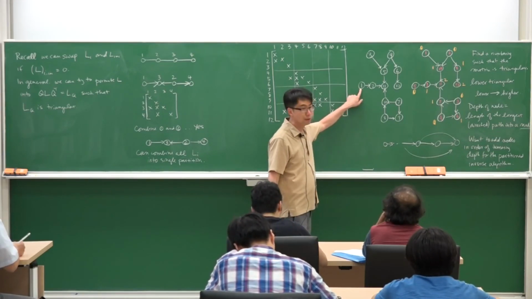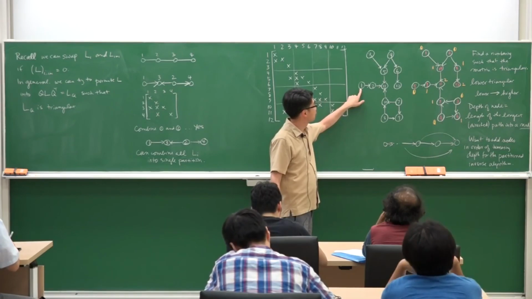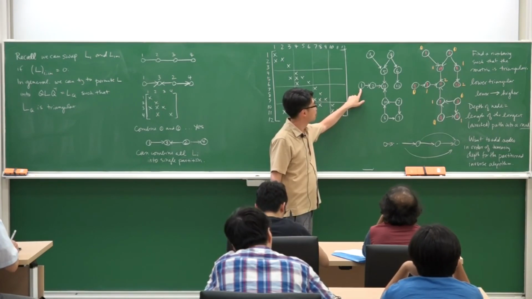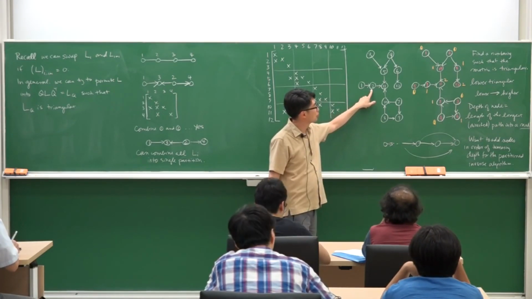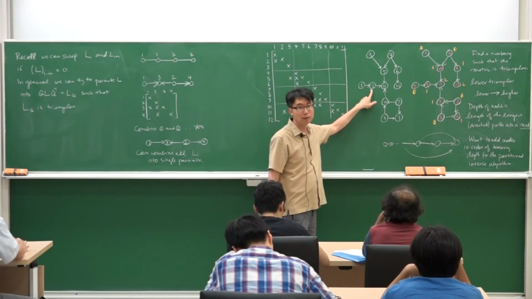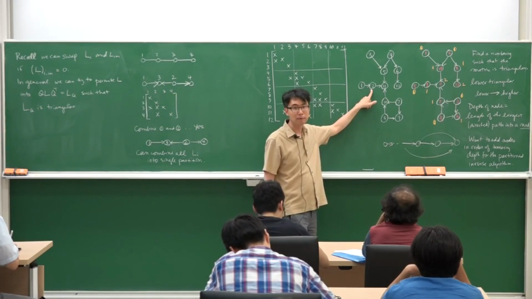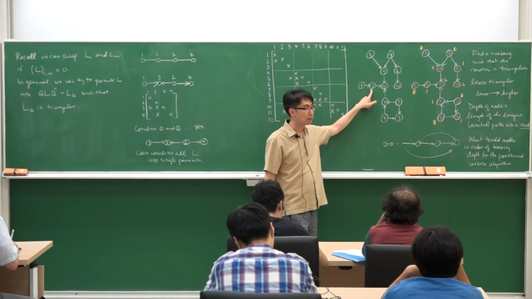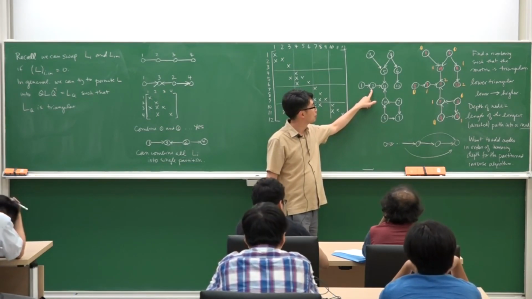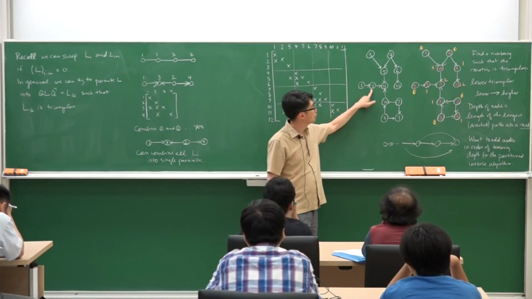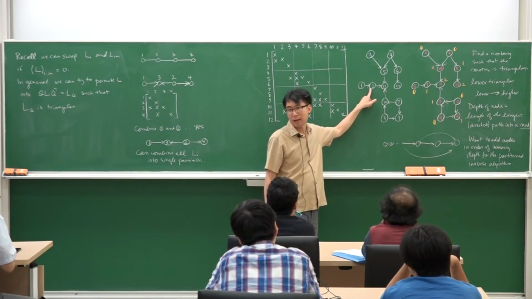So 1, this has depth 0. 2, this has depth 1, but it was immediately numbered. So in other words, in this example, we numbered nodes not according to increasing depth.